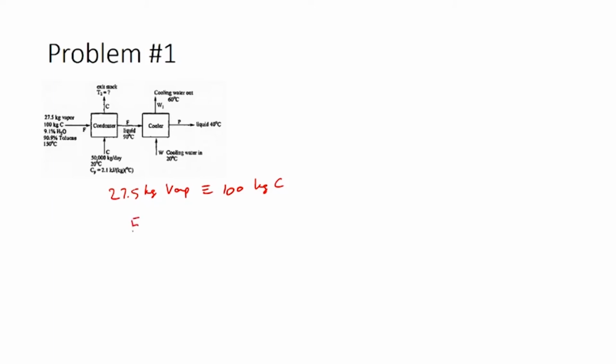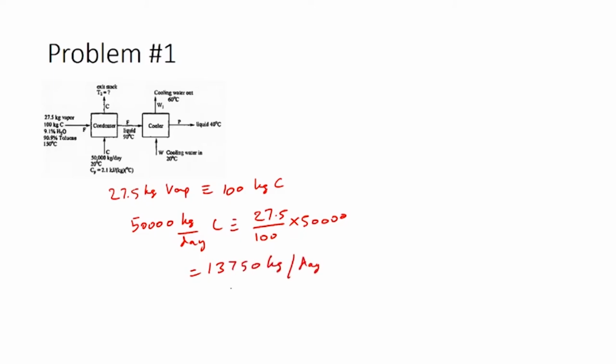So, we actually have 50,000 kilograms per day of coolant coming in, which means the mass of vapor which is fed would be 27.5 divided by 100 times 50,000. So, this is equal to 13,750 kilograms per day. This is the mass of vapor which is being fed to the system.